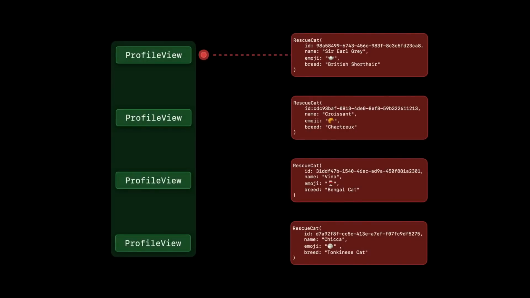SwiftUI views that take an Identifiable type and a view builder are data-driven components. This view uses the identity of the data that you provide to scope the lifetime of the views associated to it. Choosing a good identifier is your opportunity to control the lifetime of your view and data.